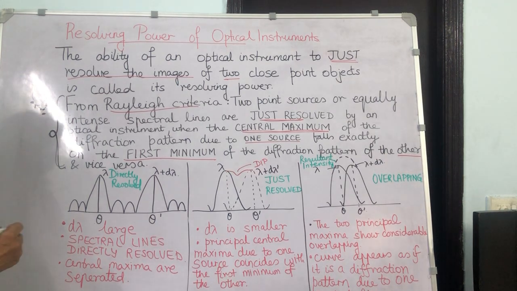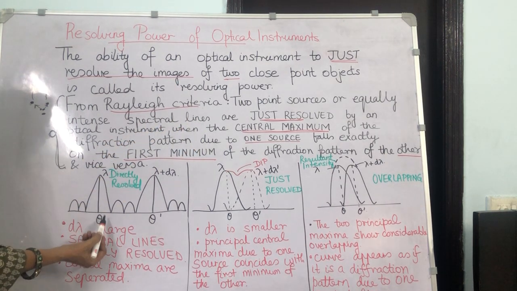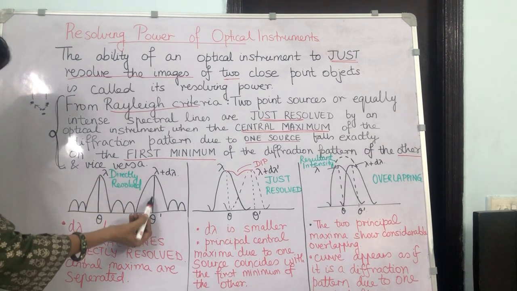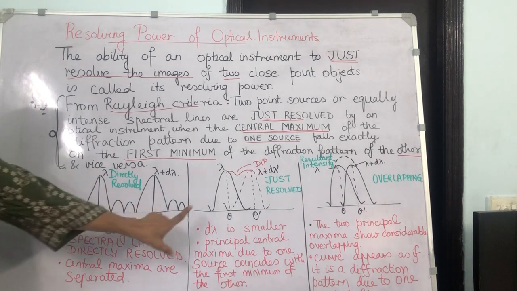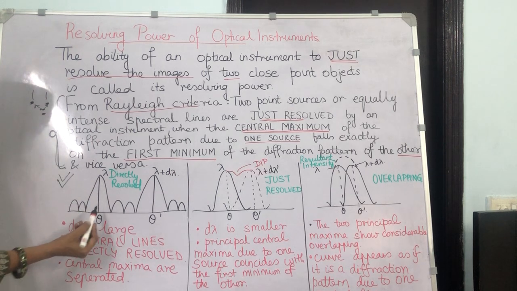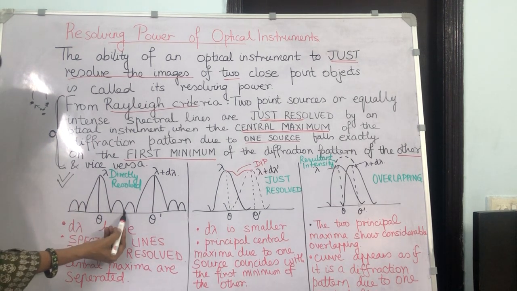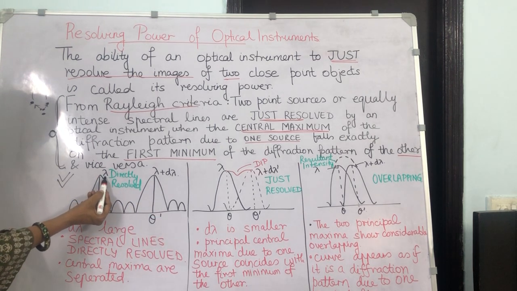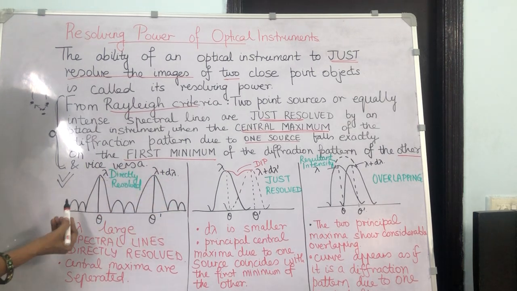That means the central maximum due to one source should fall on the first minimum of the other. Now have a look at these three diagrams. In the first diagram, these are your two central maxima followed by secondary maxima and minima, with wavelengths lambda and lambda plus d lambda.